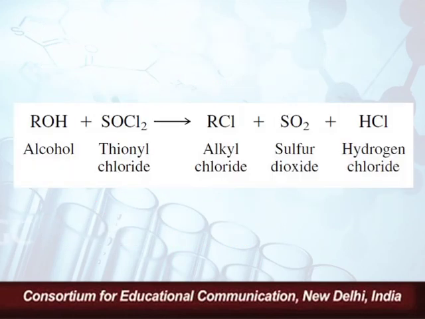As you can see on your screens, alcohols react with thionyl chloride, resulting in formation of alkyl halide, sulfur dioxide and hydrochloric acid. This reaction gives high yields of alkyl chlorides since sulfur dioxide and hydrochloric acid are gaseous in nature and can be expelled from the reaction medium.